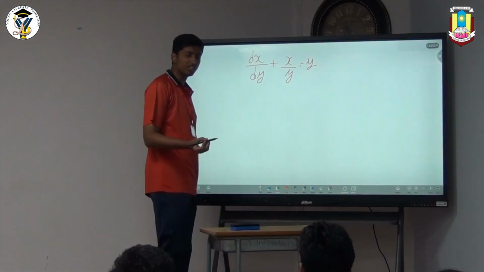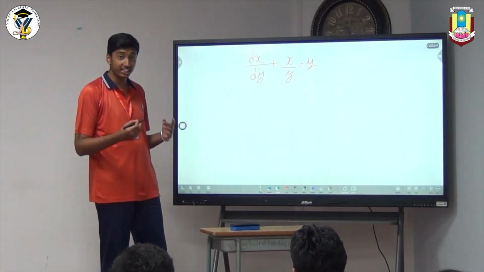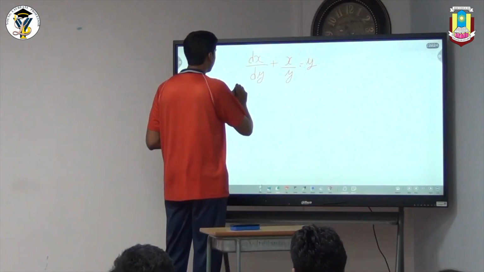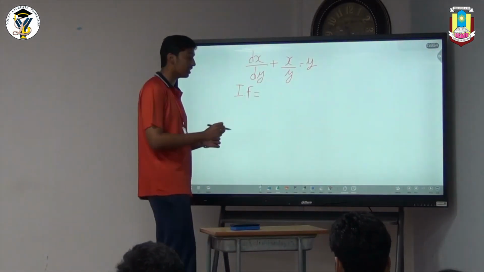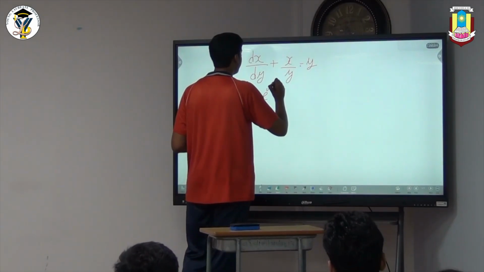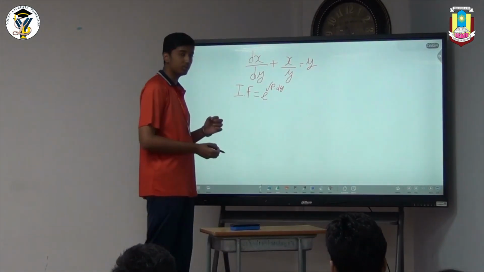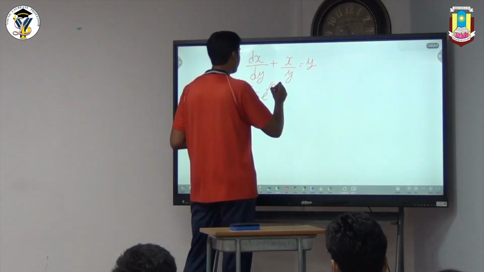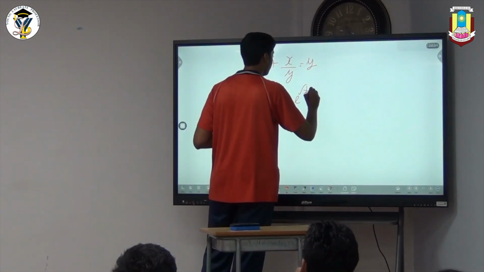Now we know the solution is given by y times the integrating factor. So first we have to find the integrating factor. In this case, for the second form, it is given by e raised to the integral of P with respect to dy. Now we have to substitute the value of P here. It should be e raised to the integral of 1 by y dy.